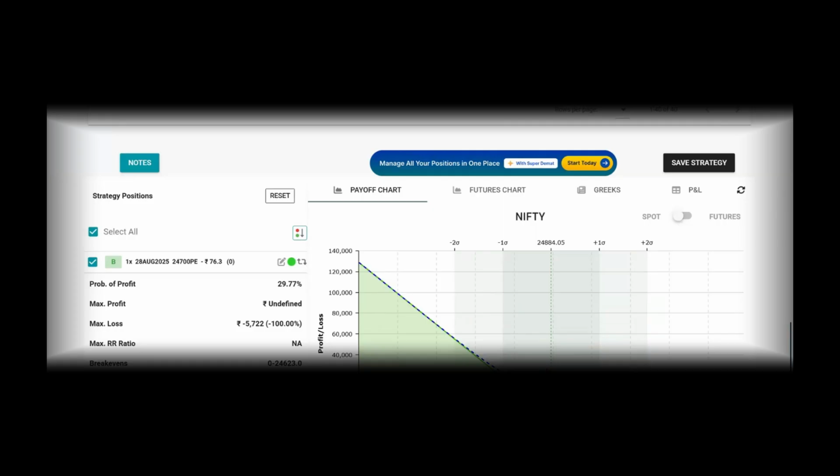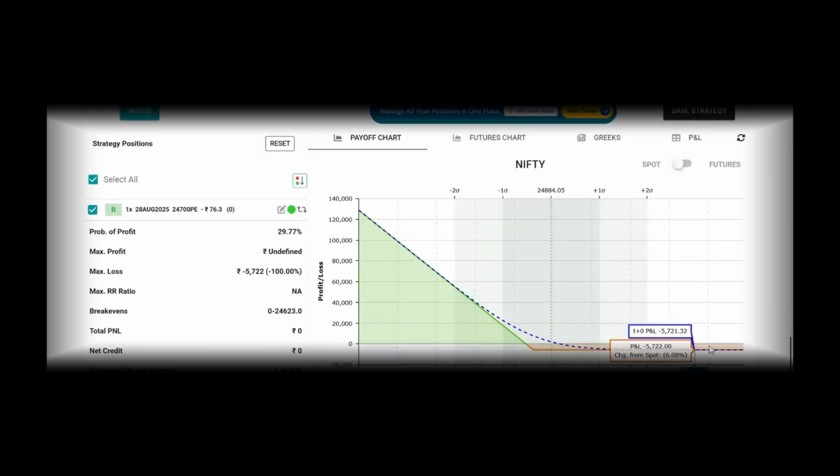We will come to the various parameters that define an option subsequently, but for the time being, assume that the platform itself computes the probability for us. The maximum loss we saw is 5,722 on the date of expiry, which is 20th August. Even if the market were to be like 26,000, 27,000, no matter how far the market gains, still the loss is fixed.